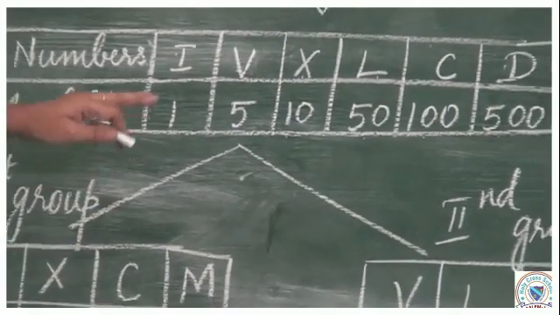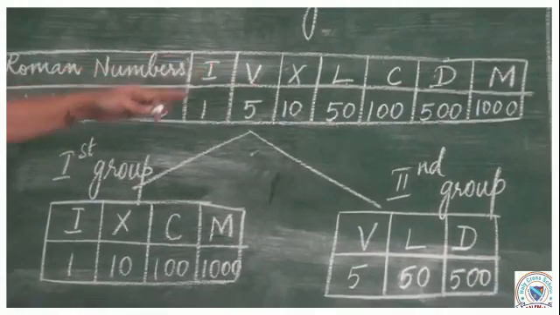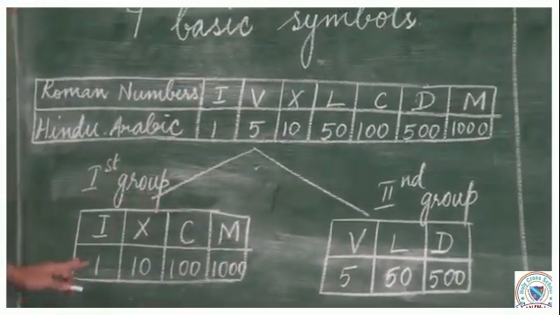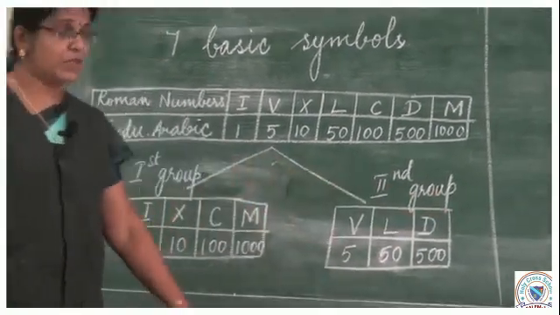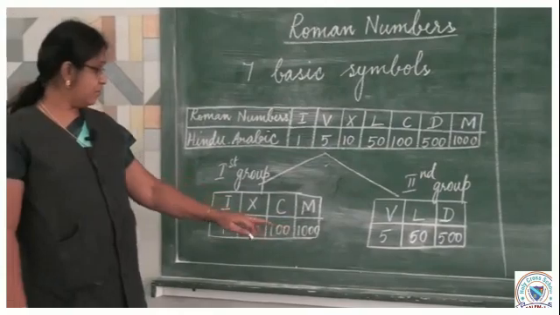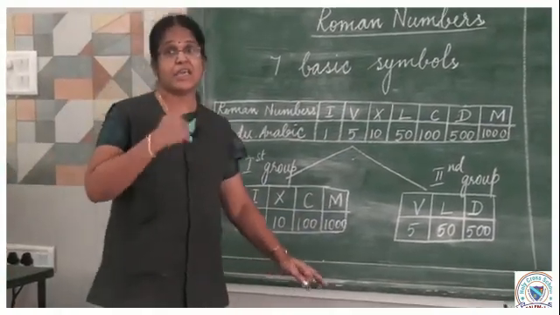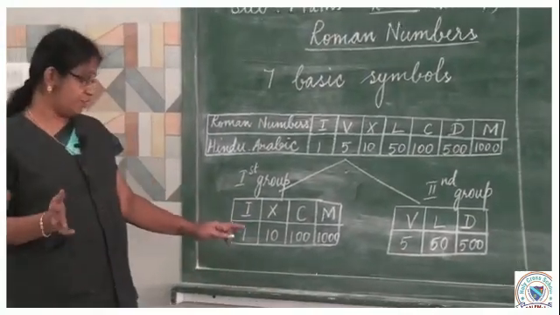Now, to remember these 7 symbols better, let us split this into 2 groups. All the 1s in one group and all the 5s in another group. See the first group, it has I, X, C, M. So you will not forget.